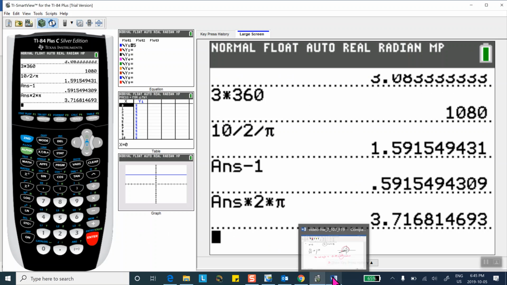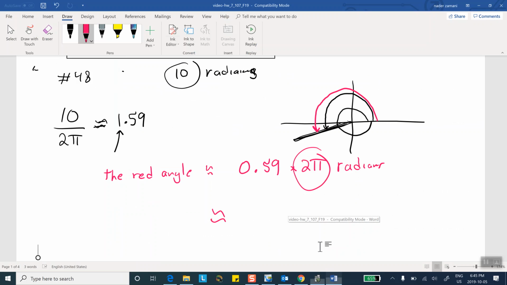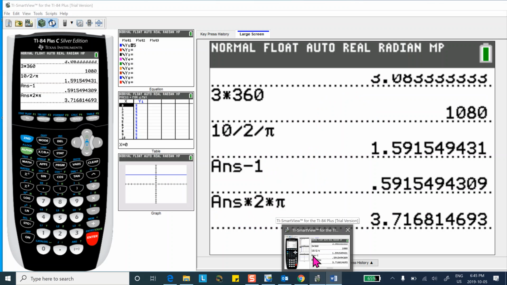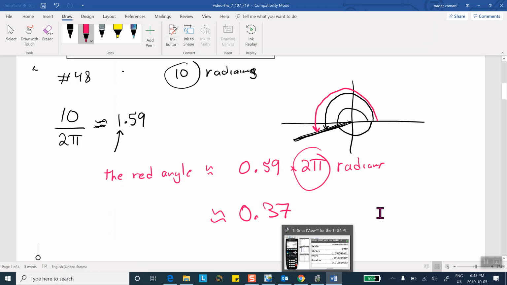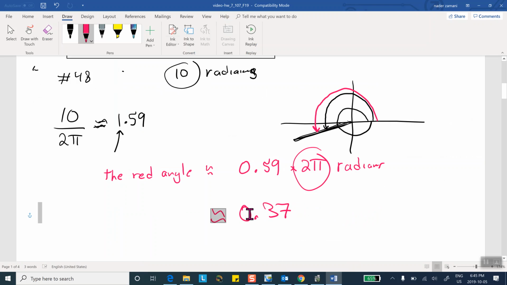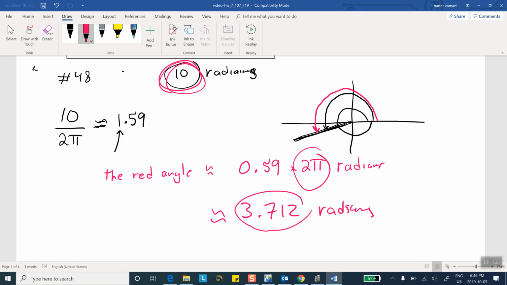If you go back here, this red angle is approximate, of course. It says rounded off, so it's 3.712 radians. So the answer to the question about 10 radians is approximately that number.